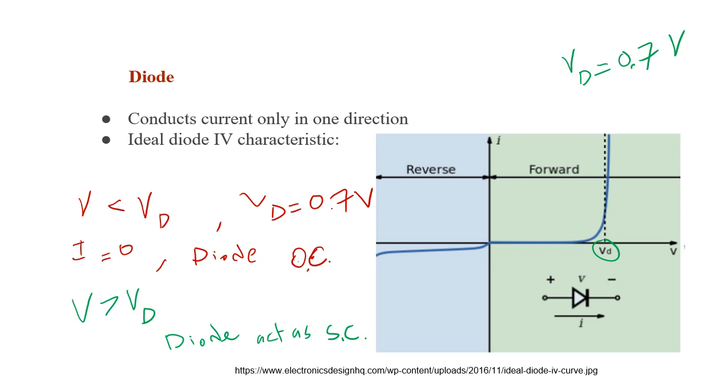Notice that the polarity of the diode is always going to be positive, negative here as explained in the figure, and we're going to assume this current flow direction. Normally when the voltage across the diode is positive, we'll say that the diode is forward biased, and when the voltage across the diode is negative, we'll say that the diode is reverse biased.